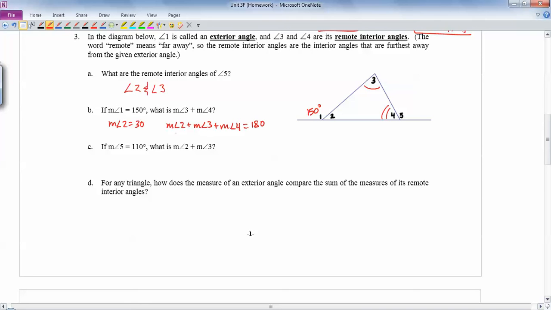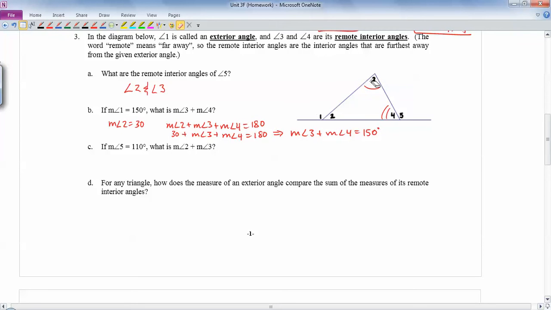Well, since 2 is 30, then we could just subtract 30 from both sides, and you'll end up with m3 plus m4 has to equal 150. So notice, if angle 1 is 150, the remote interior angles are also 150.